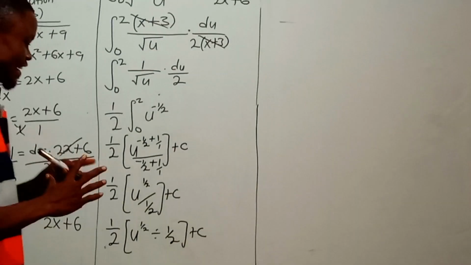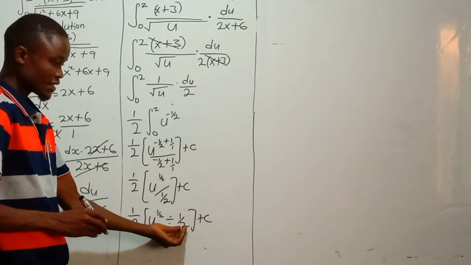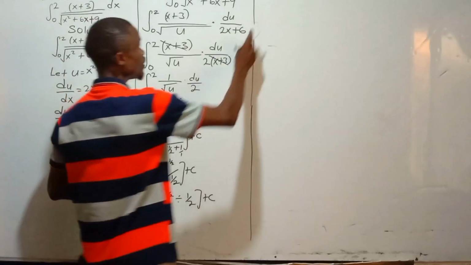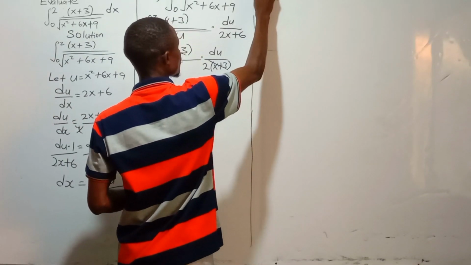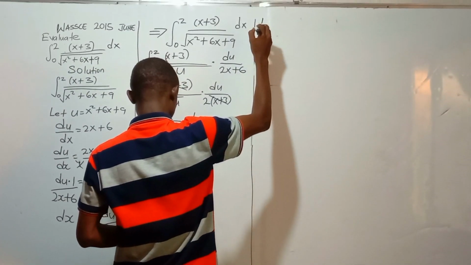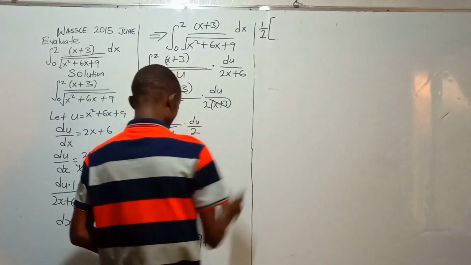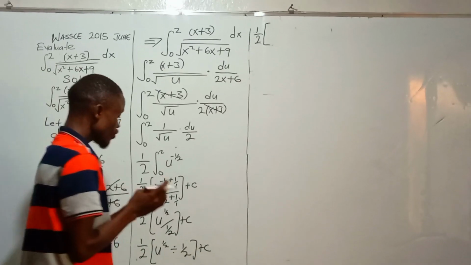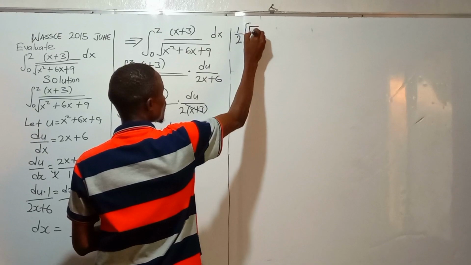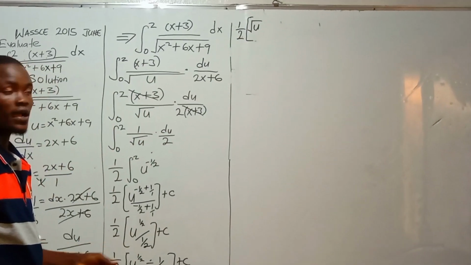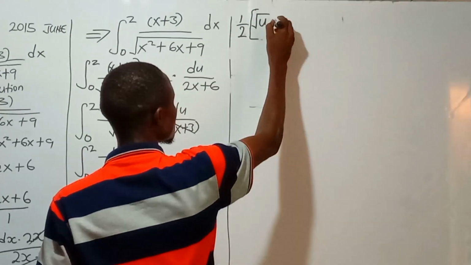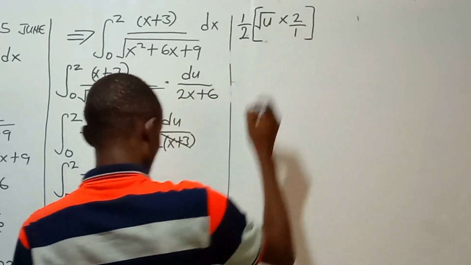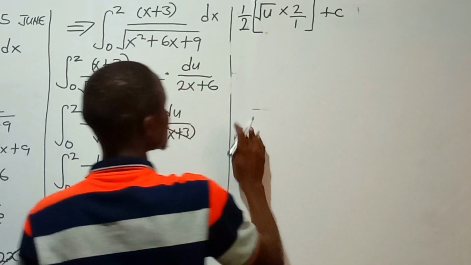So in this case, let us reciprocate. That is, we change this division sign to multiplication. We're going to have 1 upon 2. Mind you, this u raised to the power half, you write it as the square root of u, times 2 upon 1, plus c.